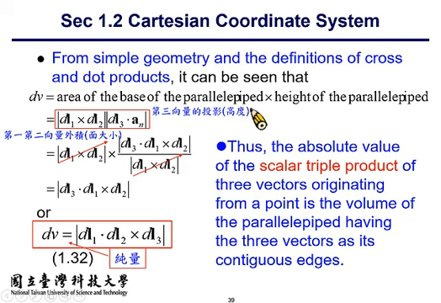The size, the magnitude of the scalar triple product. So the absolute value of the scalar triple product of three vectors originating from a point is the volume of the parallelepiped having the three vectors as its contiguous edges, all right?